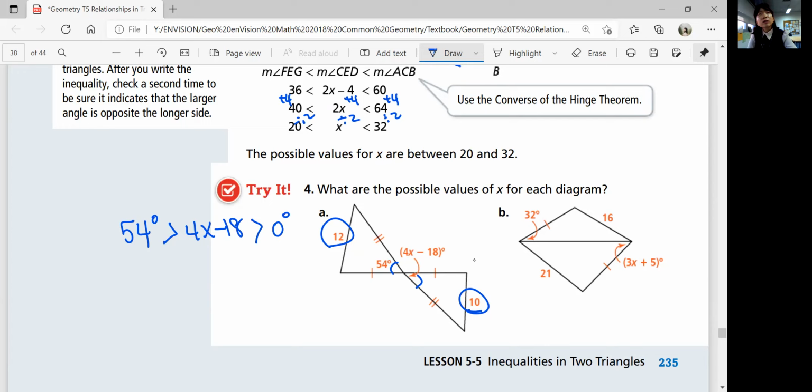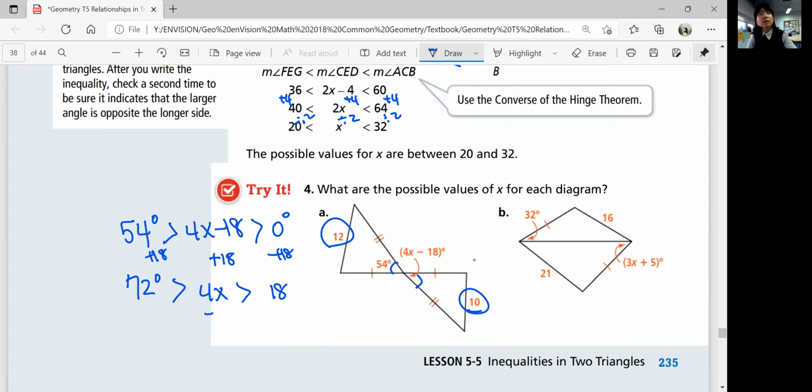So then you solve for the inequality, add 18 on all sides, and then you get 72 degrees here, and 4x, and that's greater than 18.